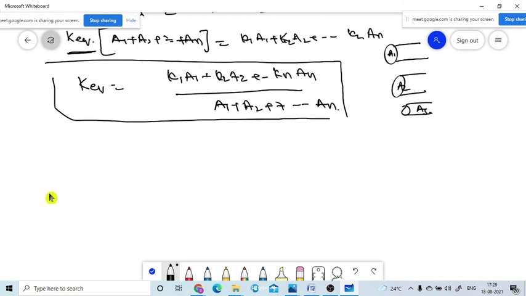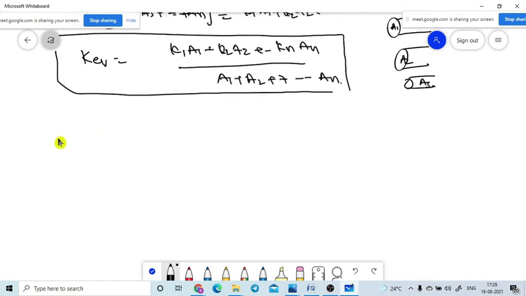So I am using one of the small conditions. If A1 is equal to A2 is equal to and so on An, in this case only they will ask in your examination. All are equal, let me take A. A1, A2, A3, An are equal, but we need to add them n times, so nA will come here. Are you getting that or not? Yes, sir.